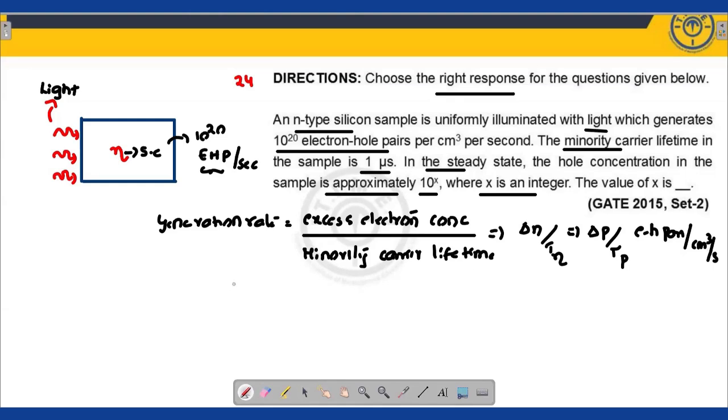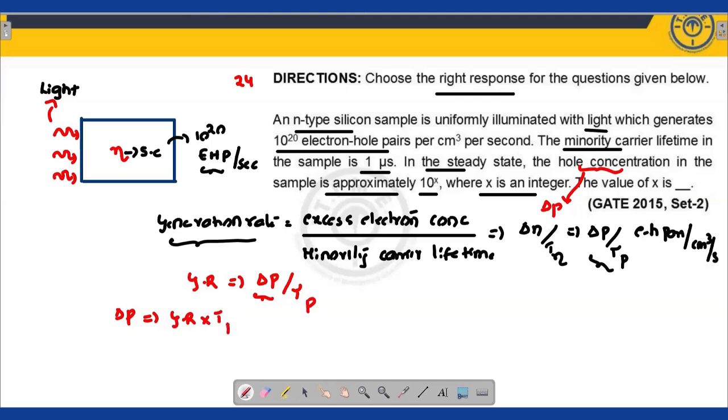From this, the generation rate, because he has given the minority carrier lifetime, and he wants us to use this formula. Generation rate GR is equal to delta p by tau p. Now he is asking the hole concentration, so delta p is equal to generation rate into tau p.